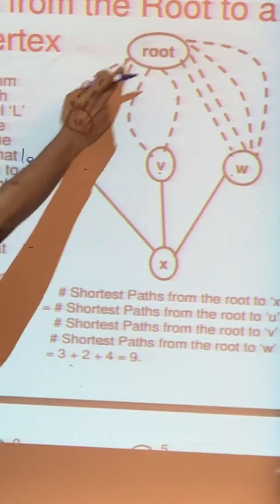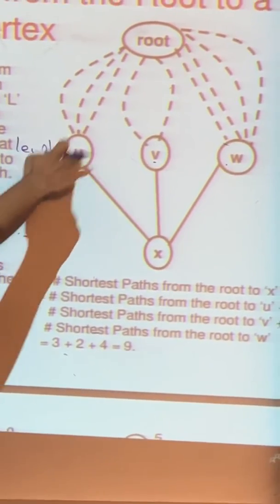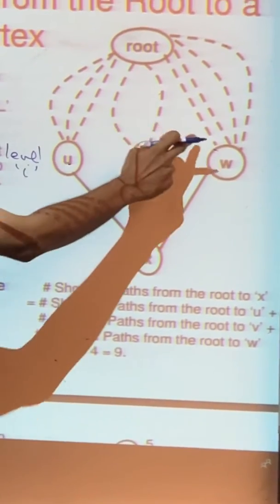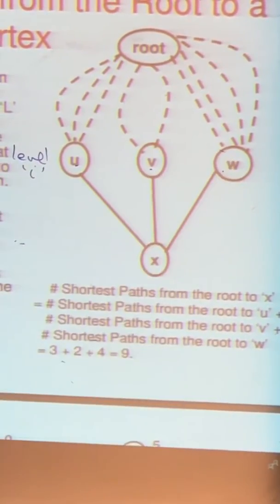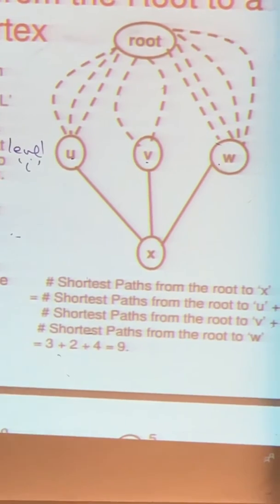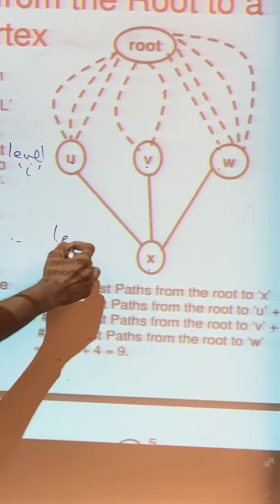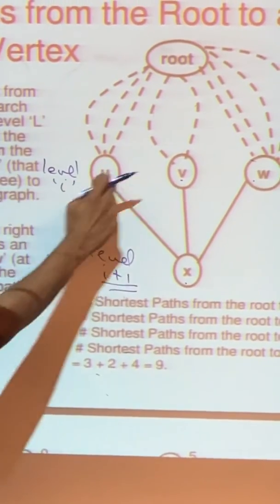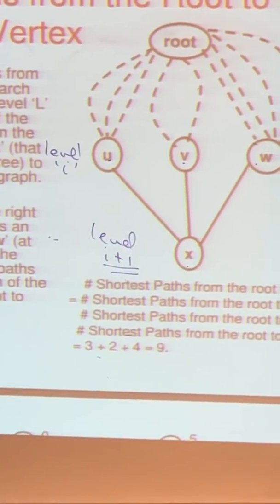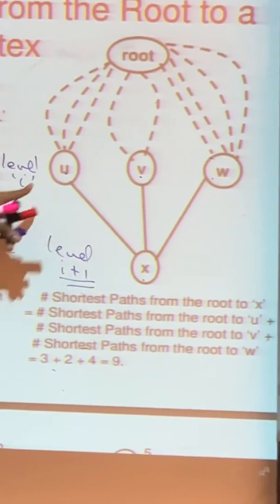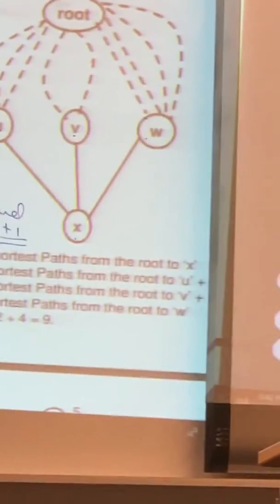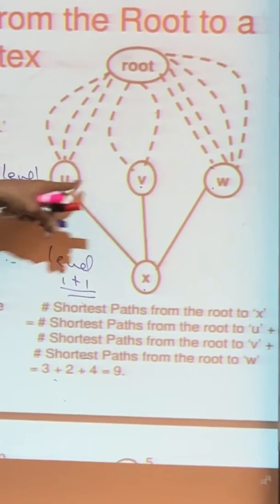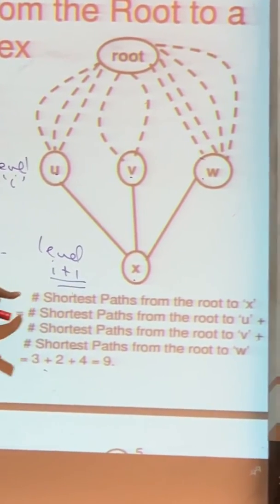So you have 3 shortest paths from the root to U, you have 2 shortest paths from the root to V, and you have say 4 shortest paths from the root to W. Now let us pick a vertex X at level I plus 1, so 1 more than the level of these 3 vertices. Is that clear? U, V and W are at some level I, and vertex X is at 1 more level larger than these vertices, so at level I plus 1.